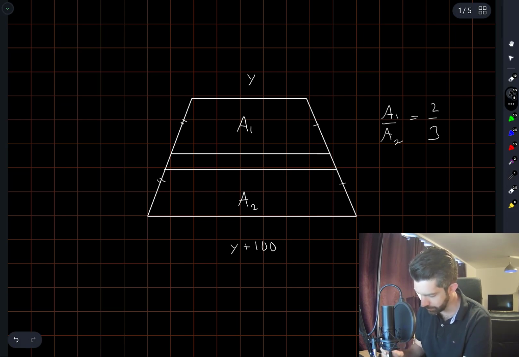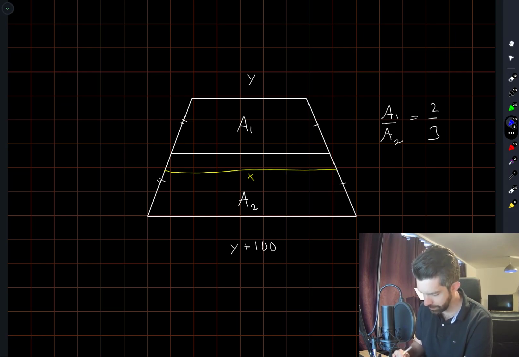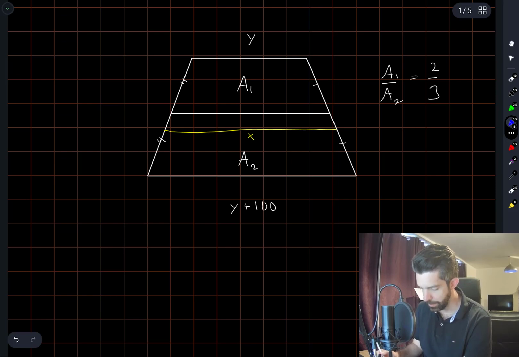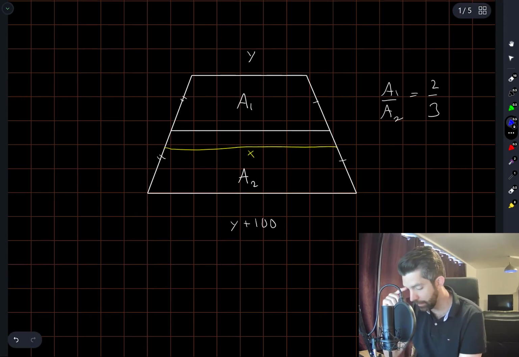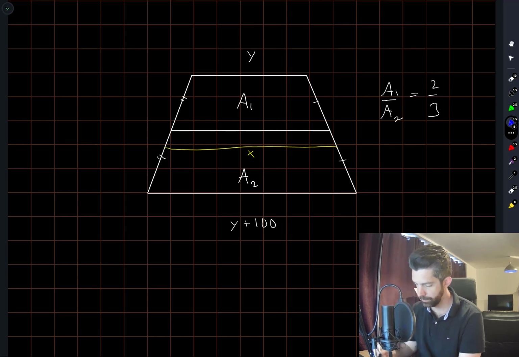Let me draw it in a different color. Where the area above the yellow line and the area below the yellow line are equal. And essentially we're asked to find x squared over 100.